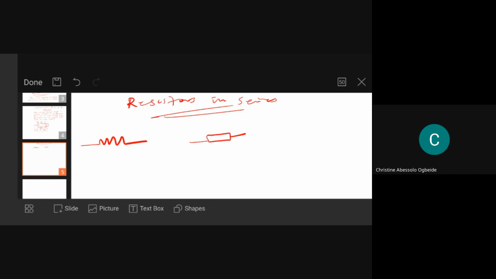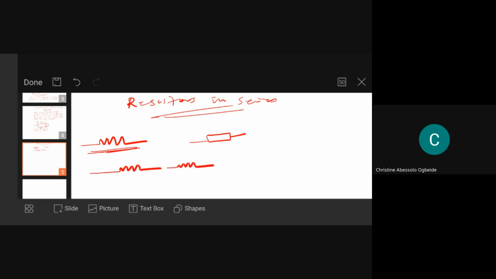So how does a series connection of resistors look like? If I use this symbol, I'll draw it for 3 resistors. This is one, then I have another one, and another one like this.